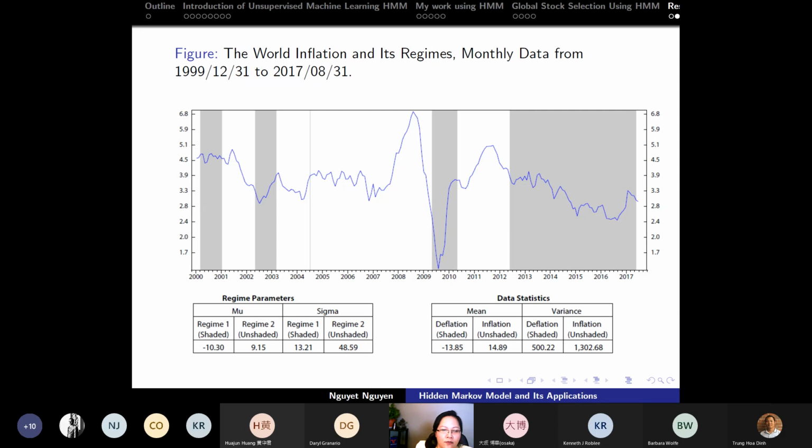But in our case, we use a normal distribution for each regime. For example, in regime 1 right here, we assume that the data comes from a normal distribution with the mean and standard deviation detected by the model. When we run the model, we get the mean and standard deviation of the normal distribution for the 2 regimes. For regime 1, the mean is negative 10.30, and the sigma, the standard deviation, is 13.21.